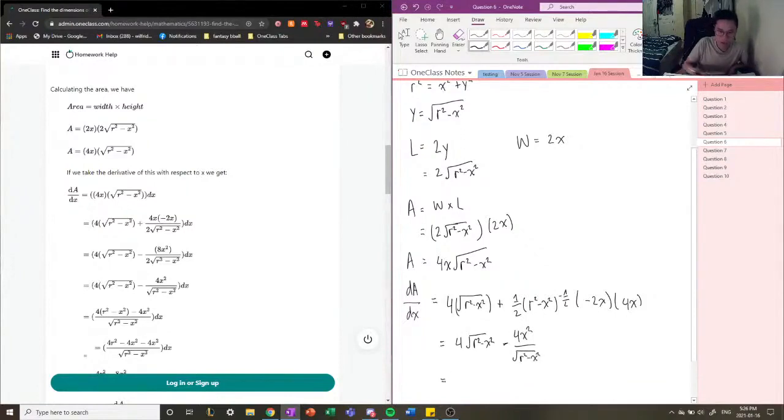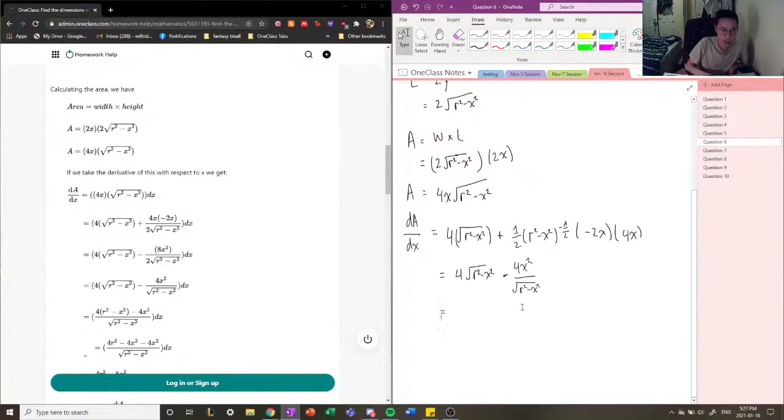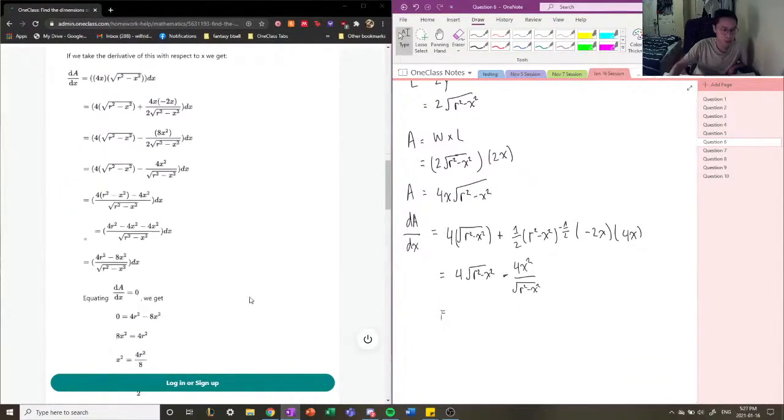And if we were to simplify this further, we would find that this would equal 4r squared minus 8x squared divided by the root of r squared minus x squared.